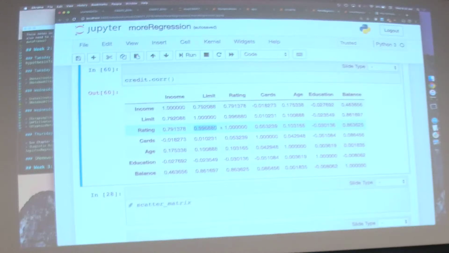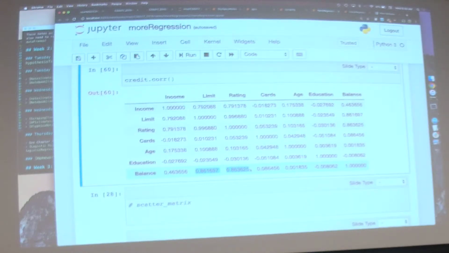So it seems like maybe the credit limit is a simple function of the rating, or vice versa. What else sticks out? What other ones are pretty high? The balance is strongly related to your credit limit or your rating. So the amount of money you owe on your credit card is related to how much they trust you with, I guess.